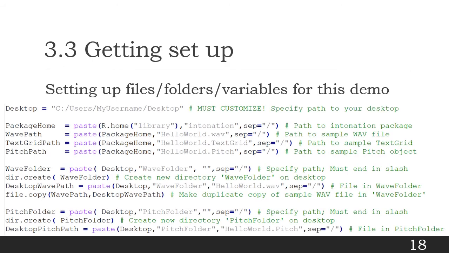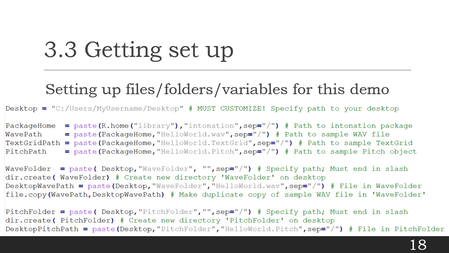Along with this tutorial video, you have been provided this code. So run these different lines of code. The first line is the only one you actually have to modify. You need to customize the part where it says my username, etc., so that it points to your desktop.